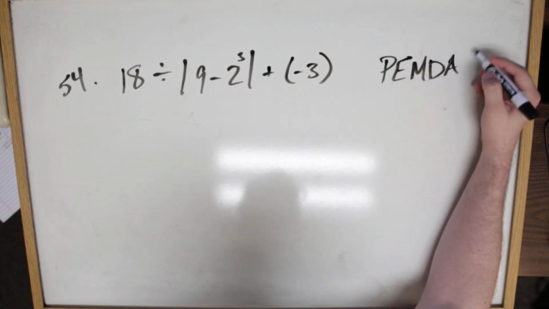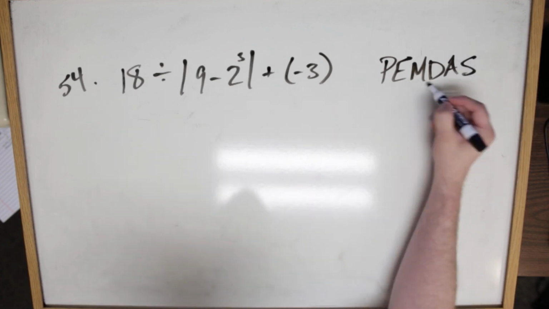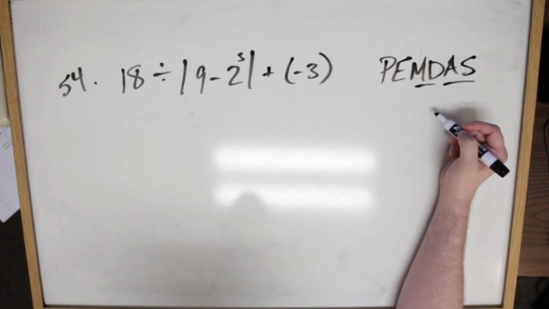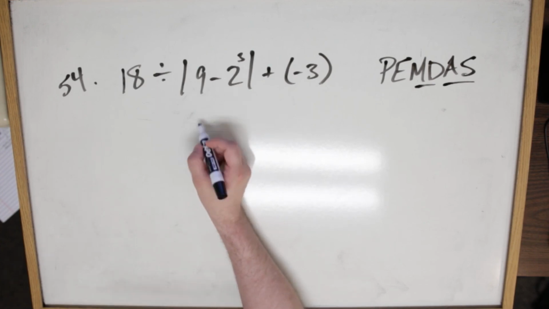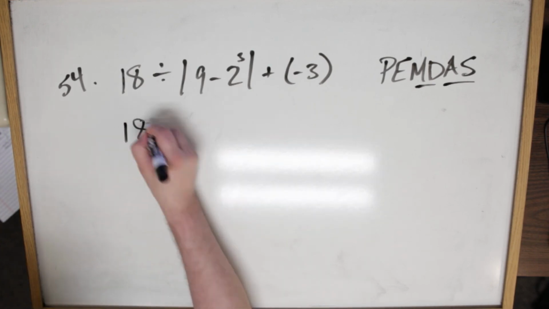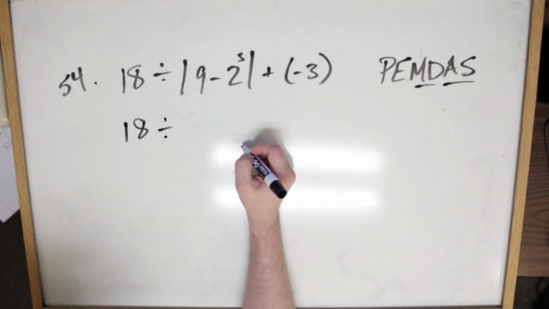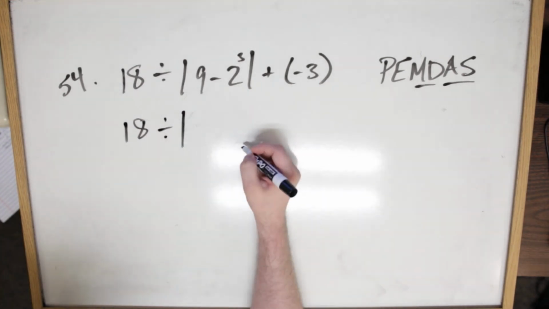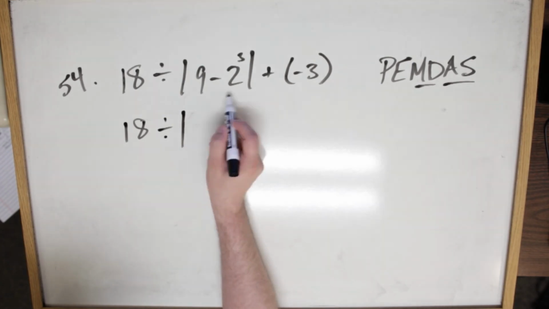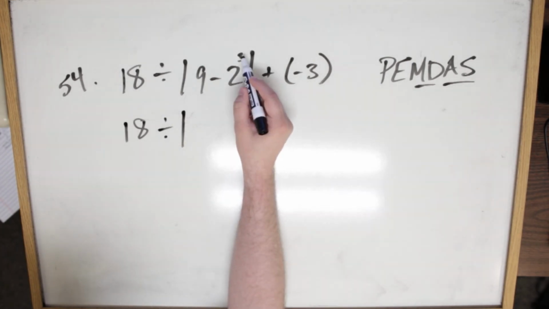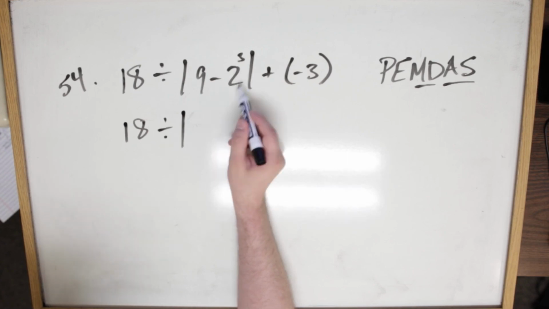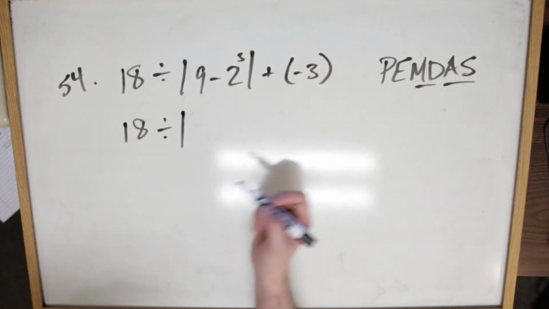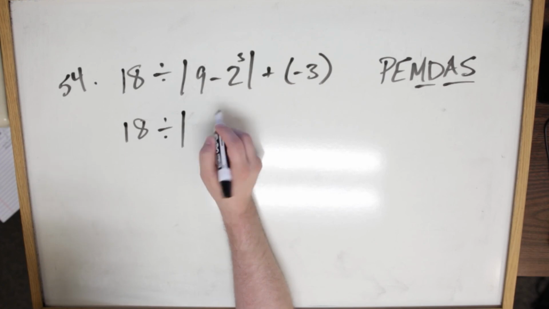Remember, the P is the grouping symbol, parentheses, and we have a grouping symbol here with our absolute value symbol. So let's write this out. Divided by absolute value, and inside that we actually have an exponent. So we kind of have to do its own little PEMDAS inside of the whole PEMDAS. I don't know if that makes sense, but just bear with me.